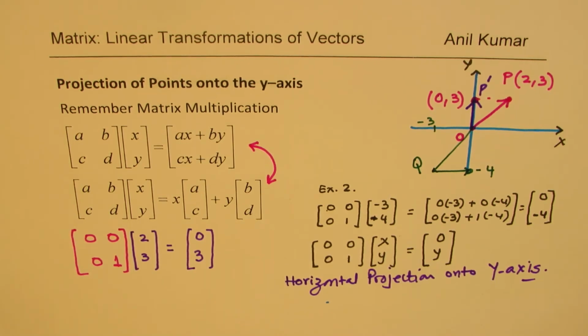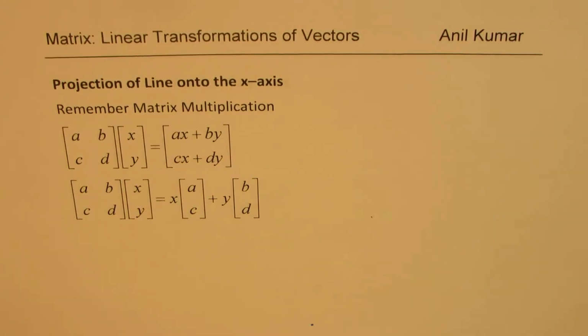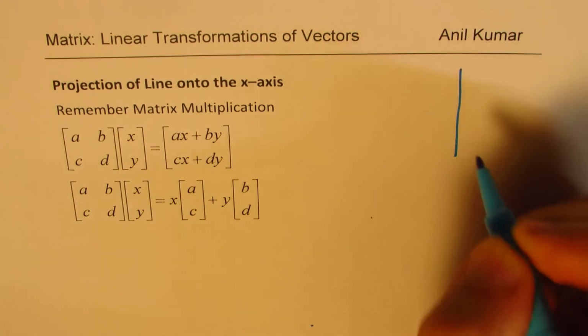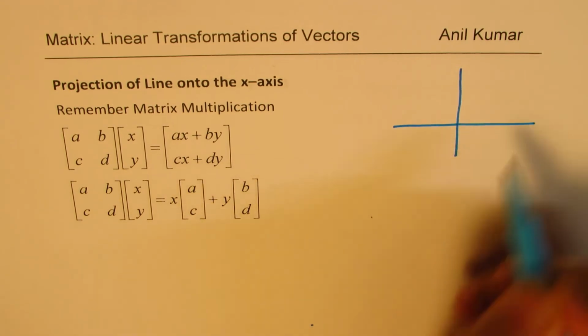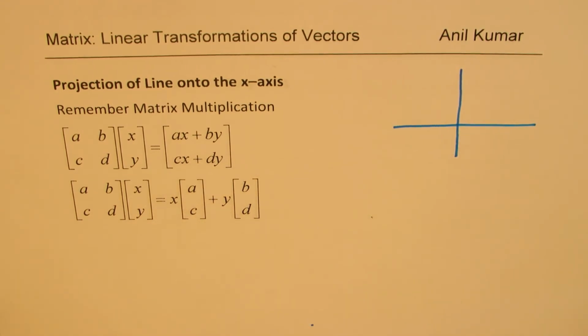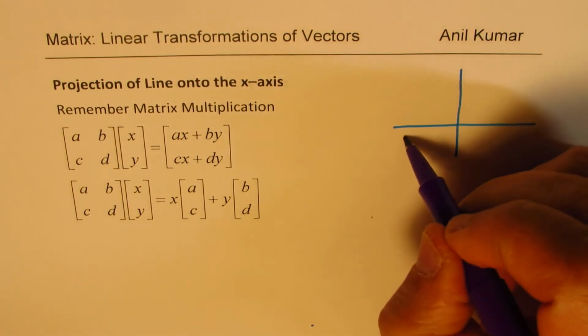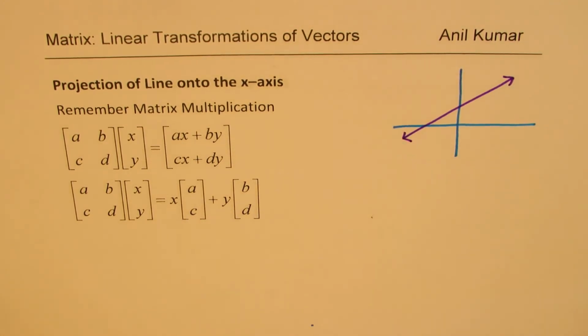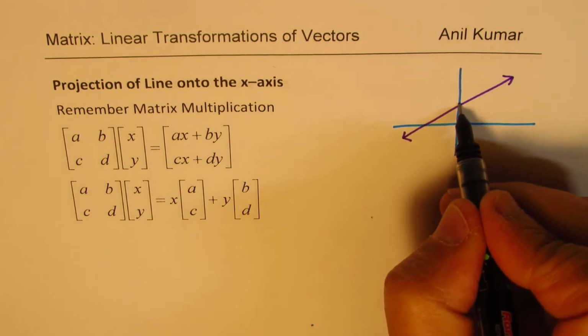Now let's look into the line as such. Now let us see how do we project a line onto the x-axis. So let's try to understand what we are trying to say here. To keep things very simple, let me say we have a line kind of like this. Now, we'll take some concrete points here.